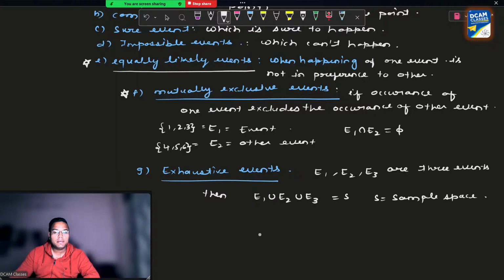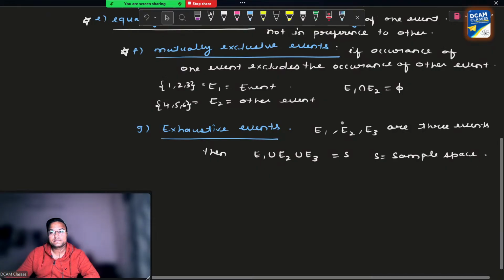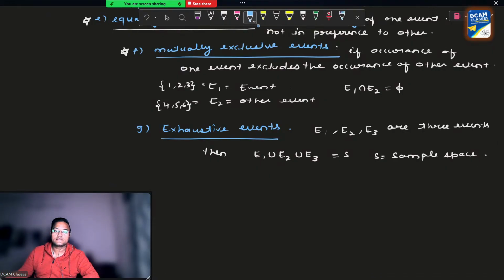You know about complementary events? In set theory, I have discussed complement.